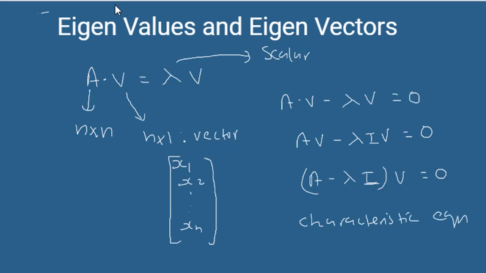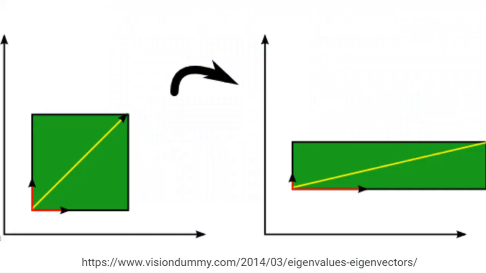So the eigenvalue equation says that an operator operating on this V gives you some number times that V back itself. Okay, so let us consider an example. Let us consider this image. In this image, you have two red colored vectors and a yellow colored vector. Now this shape is undergoing some linear transformation.